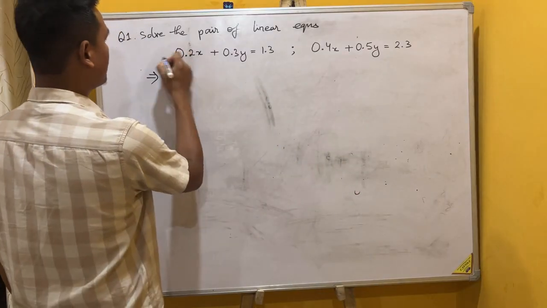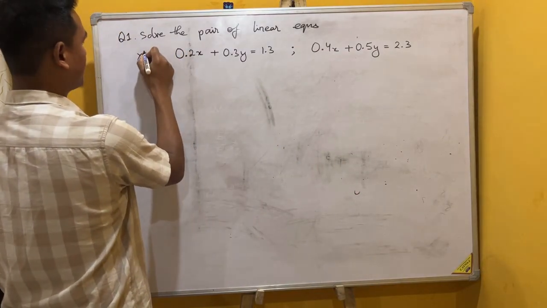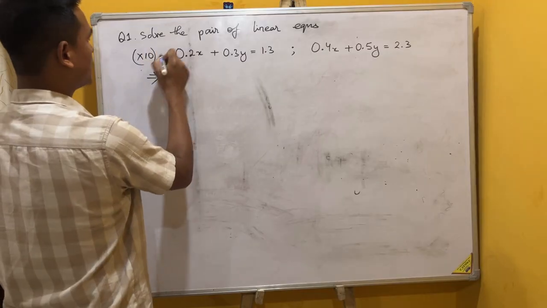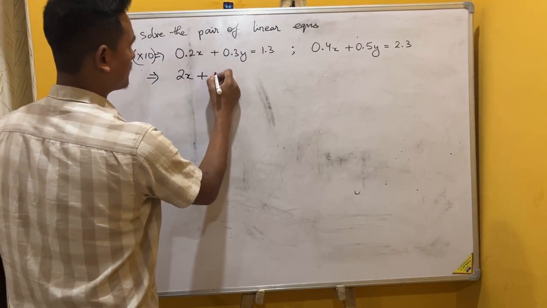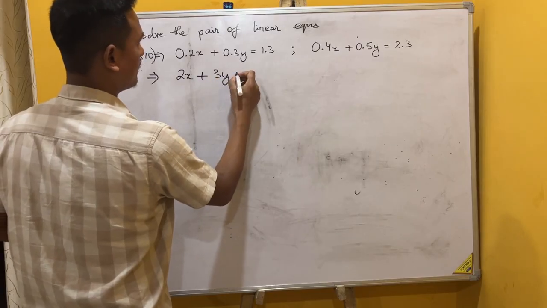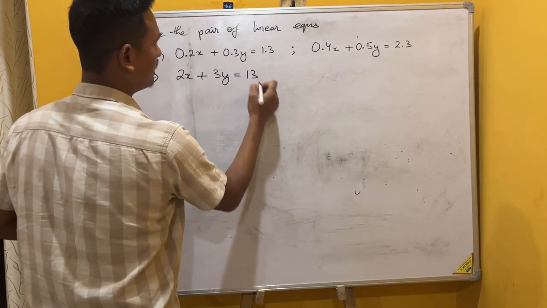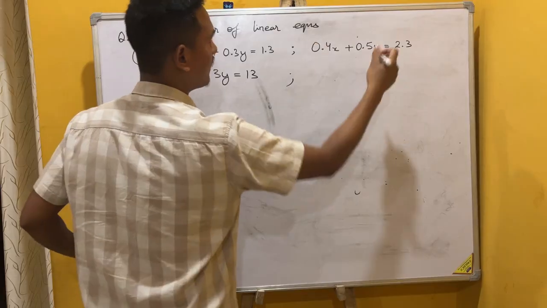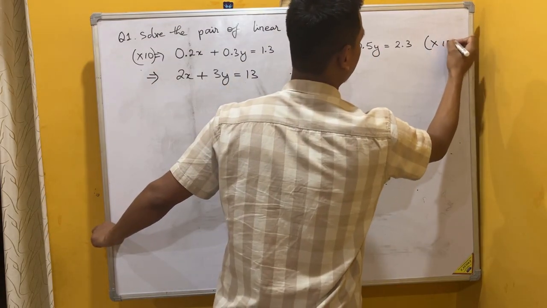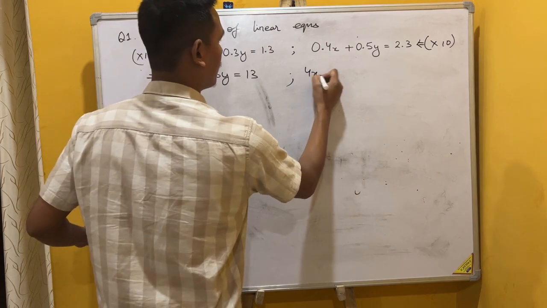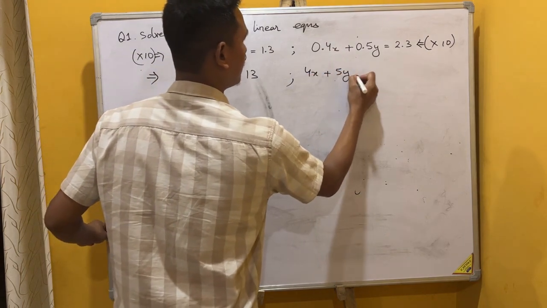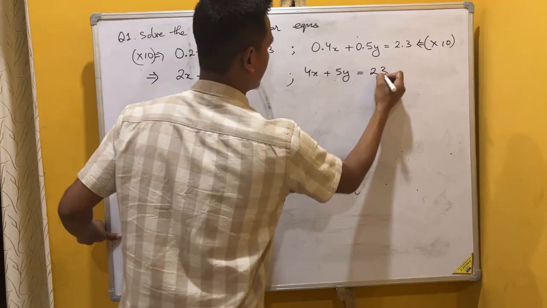If I multiply this by 10, this equation is going to be 2x plus 3y equals 13. Similarly, if I multiply this by 10, my equation is going to be 4x plus 5y equals 23.